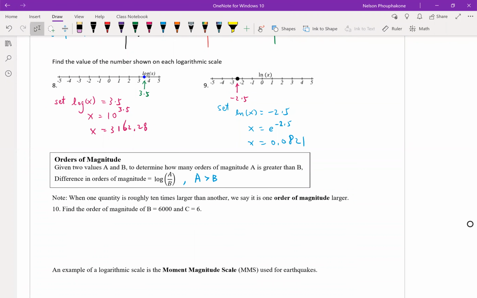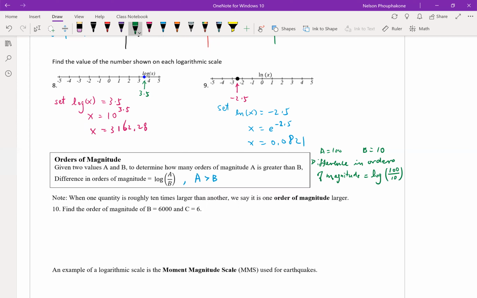If I have A equal to 100 and B equal to 10, you will see that B is 10 times smaller than A. So if I want to find the difference in order of magnitude, I could set up the log of 100 over 10.